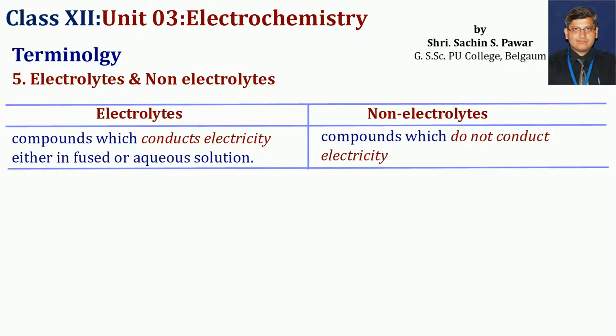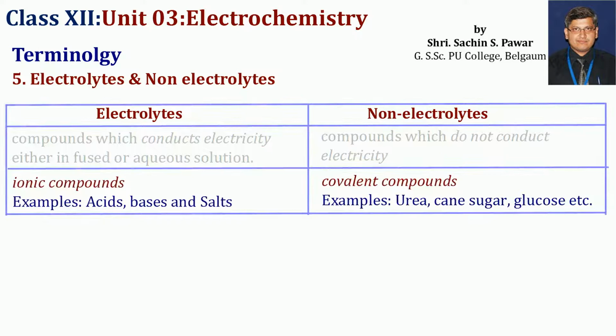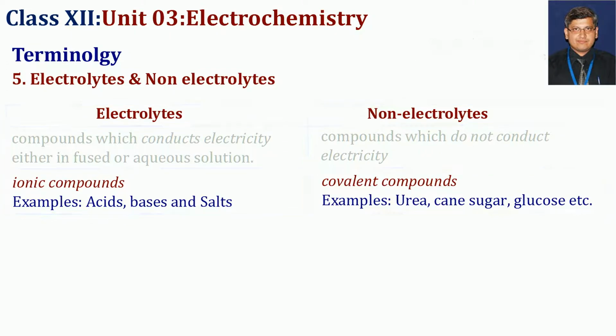Fused means molten state, and non-electrolytes are those which do not conduct electricity. Ionic compounds, examples acids, bases, salts are the examples of electrolytes, while covalent compounds such as urea, cane sugar, glucose, etc. are the examples of non-electrolytes.